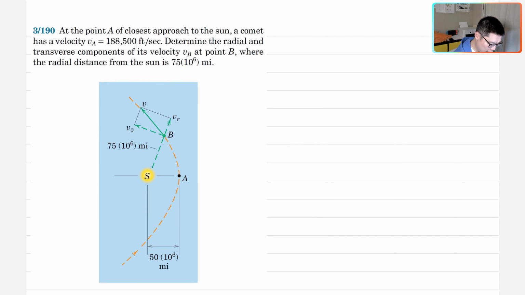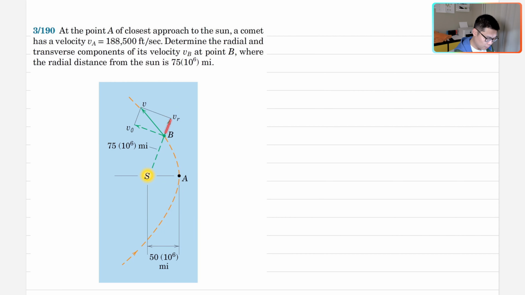However, point A is a special case. The tangential velocity is vertically going up and is making a moment arm perpendicular. However, for the velocity at any other point, point B for example, we can resolve this velocity into a radial and transverse component, or VR and V theta.